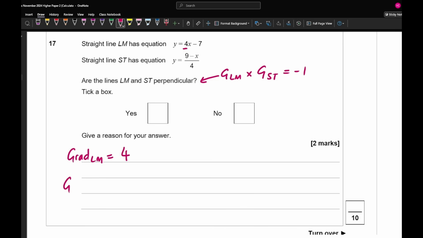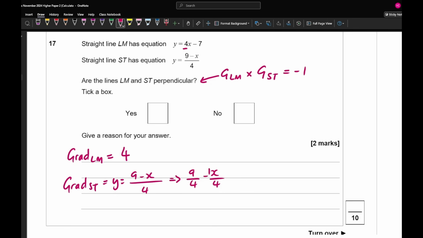Then, doing a bit of rearranging with the gradient of ST, I get y equals 9 over 4 minus x over 4.